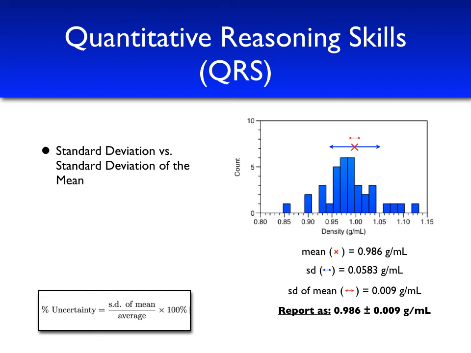You then round your average so that it has the same number of significant figures as your standard deviation of the mean. Therefore, as you can see on the right, the density that's reported is 0.986 plus or minus 0.009 grams per milliliter. This is standard for reporting an average.